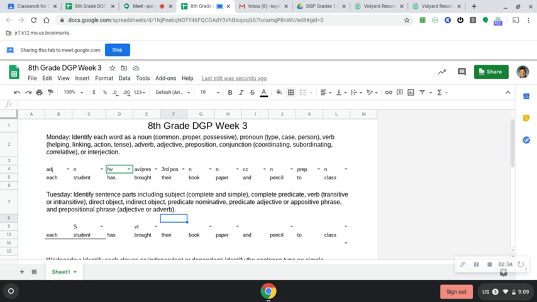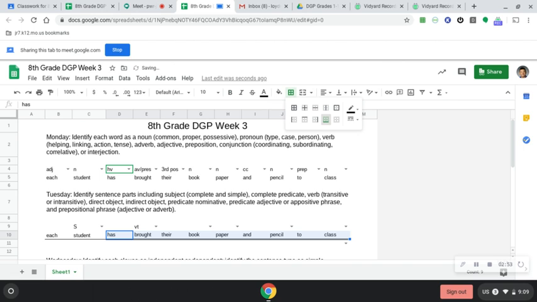It's really the rest of our sentence in this case because it's telling us what each student did in its entirety. So we'll get a double underline there. I know that you guys aren't able to see how I'm going through that on the board so that I can record it.